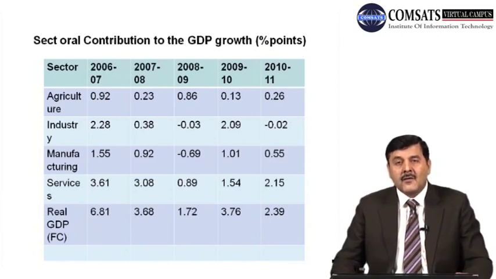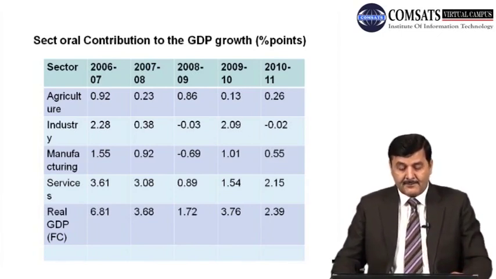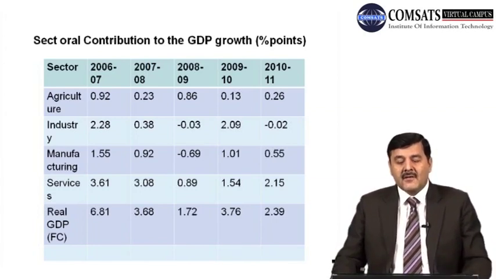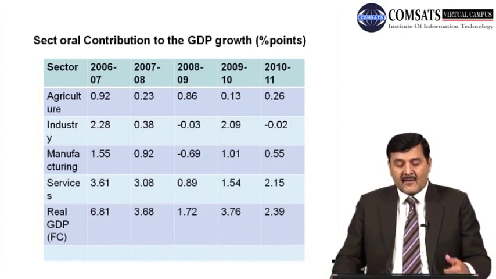If you compare this with 2008 and 9, again the major contribution is from the service sector, and the manufacturing sector is more, and then of course is the industry and agriculture sector. And if you talk about 2008 and 9, यहाँ पे देखें एग्रीकल्चर सेक्टर की कंट्रीब्यूशन जो थी GDP ग्रोथ में, that was 0.86%. इंडस्ट्री नेगेटिव में चली गई, मैन्युफैक्चरिंग भी नेगेटिव में चला गया, and service sector was only 0.89.